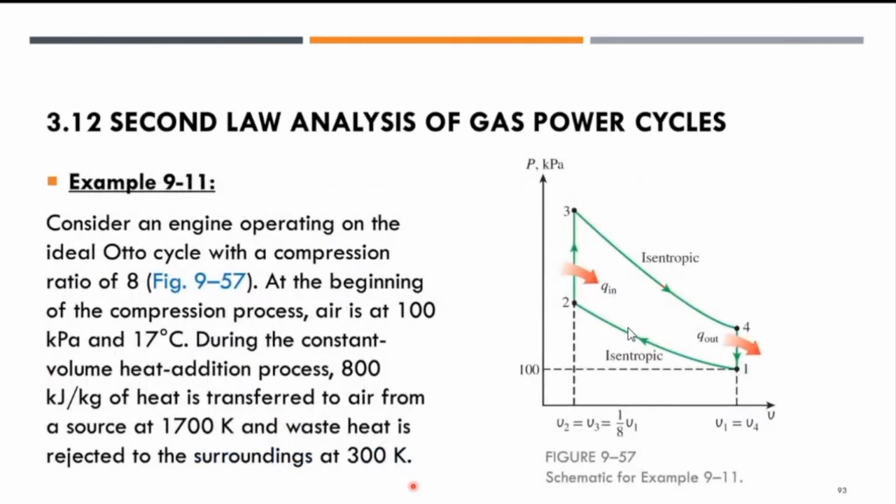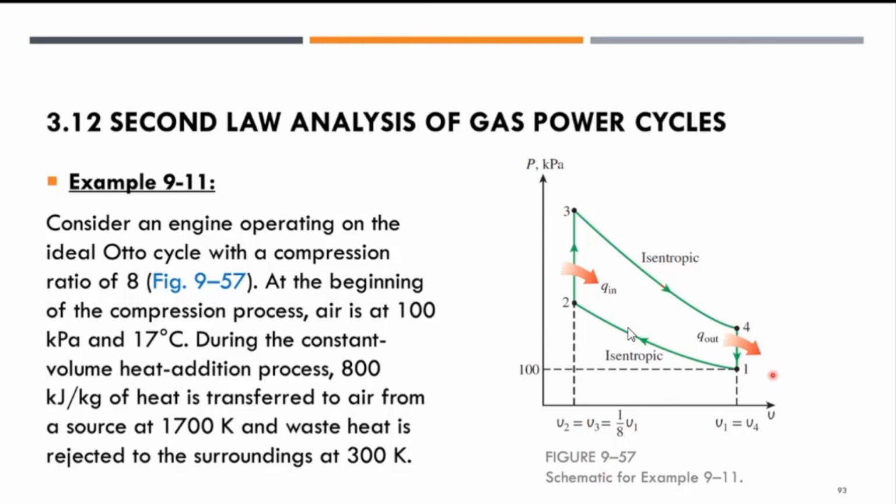Example. So we want to look at example 9.11 now. We want to consider an engine operating on an ideal Otto cycle with a compression ratio of 8, figure 9.57. This is the PV diagram.